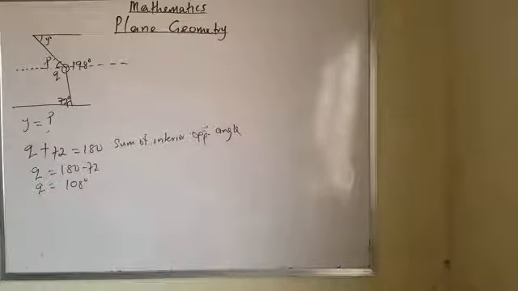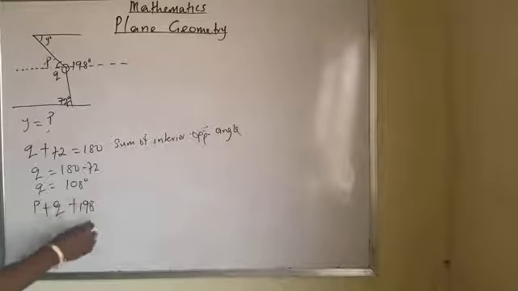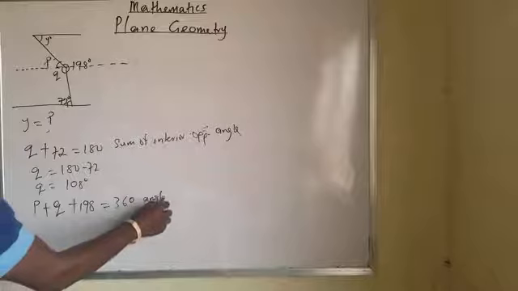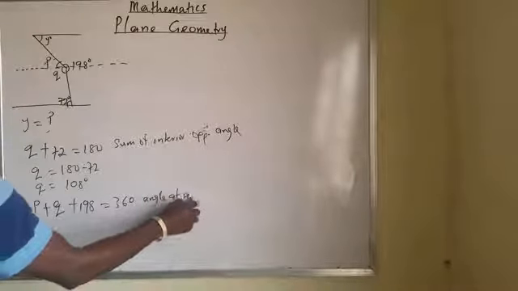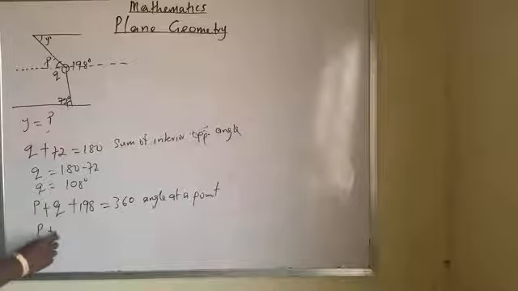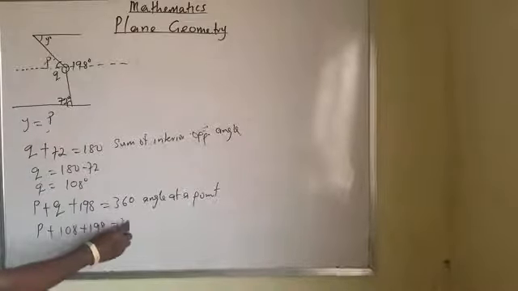Since I have that as 108 degree, I need to find something else. Do you know that I can say P plus Q plus 198 equals 360 degree, angle at a point? Now P plus 108 plus 198 equals 360.